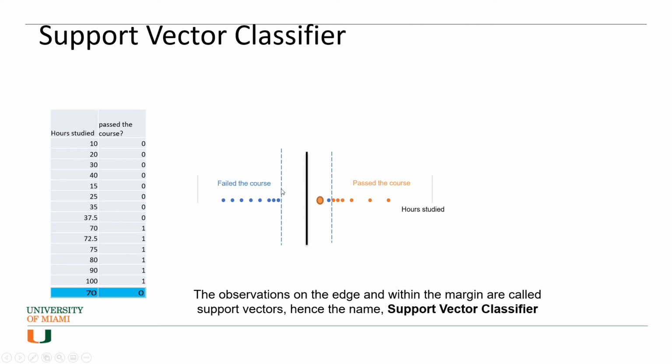The classifier is going to change only based on the changes of the observations at the margin, at the very edge of the two groups.